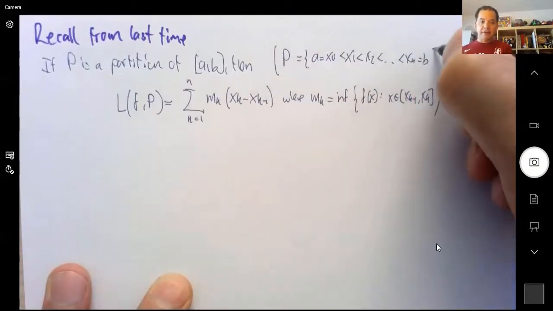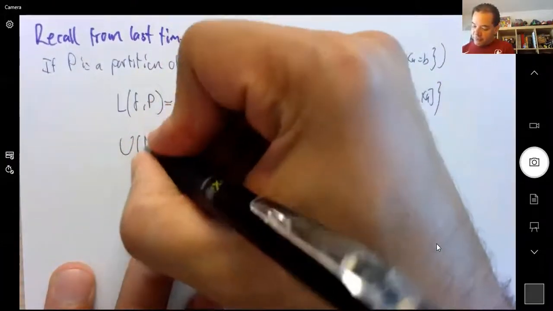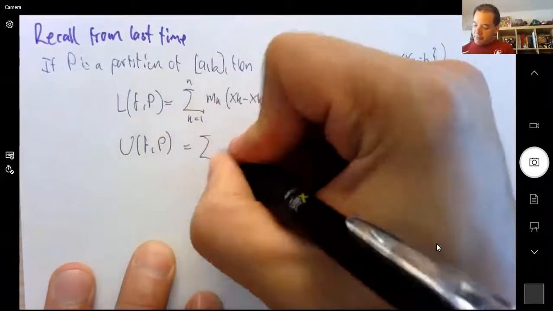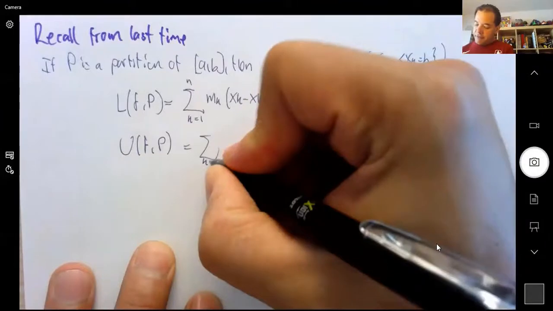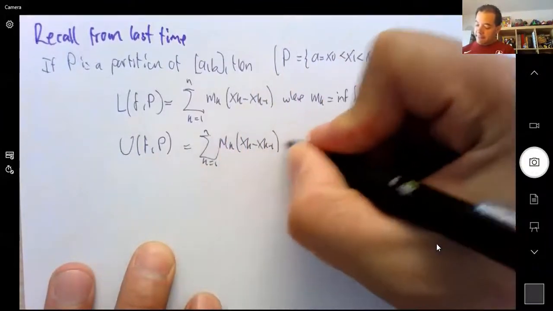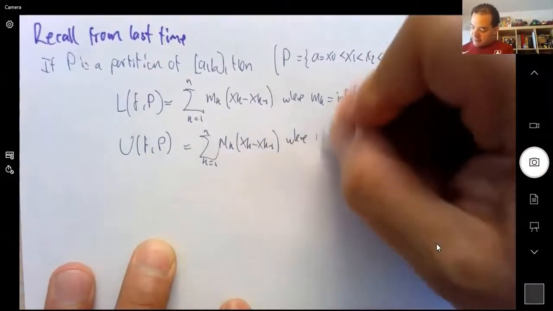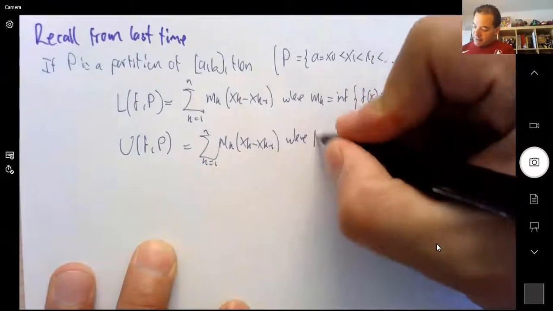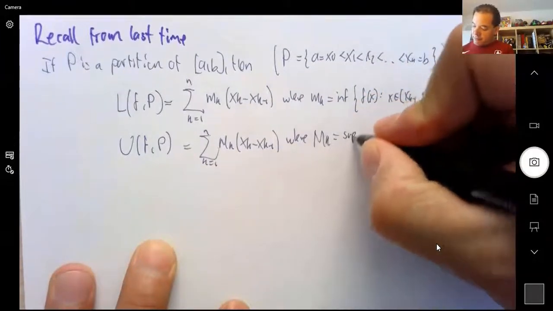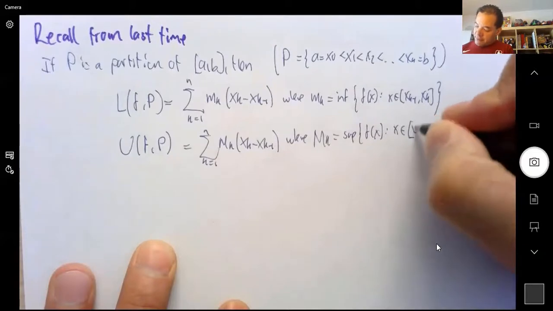That's the standard notation we are using. And we also define the upper sum. It's very similar, only instead of using the infimum, we're using the supremum. Capital Mk is the supremum of the function on that same interval.